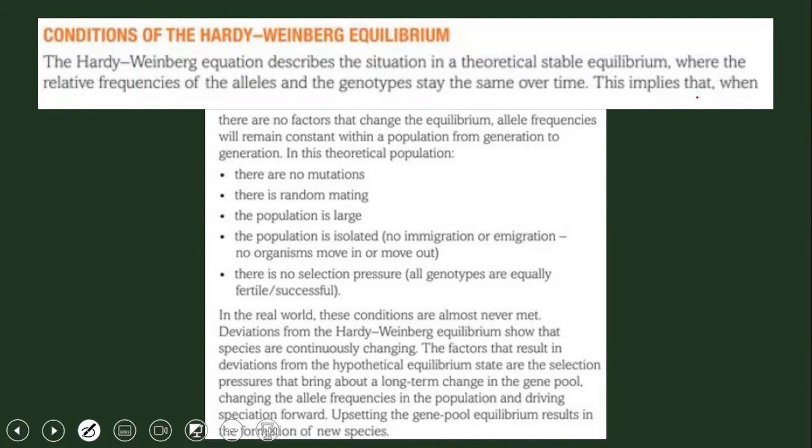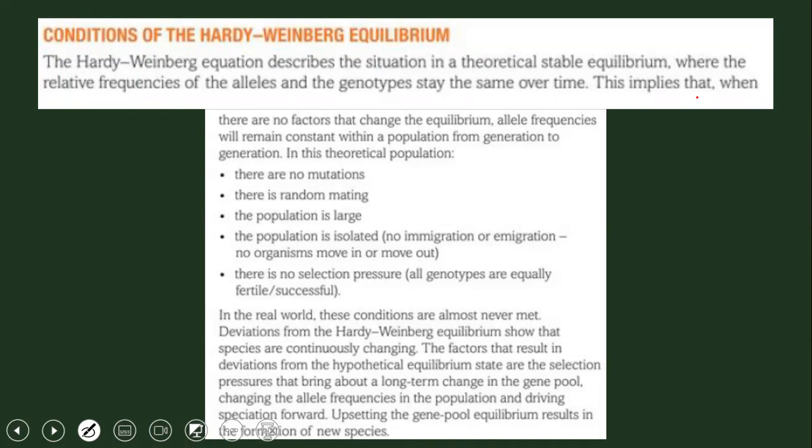For example, that mutation may have an effect or it may not. But if the mutation is in the germ line, that means it's affecting the egg or the sperm, it will affect the alleles of the next generation, right? Then, although mutations do occur continuously, they do not affect the population very rapidly. Occasionally, mutations arise that will bring benefit to an individual, and they will slowly become established within the gene pool.